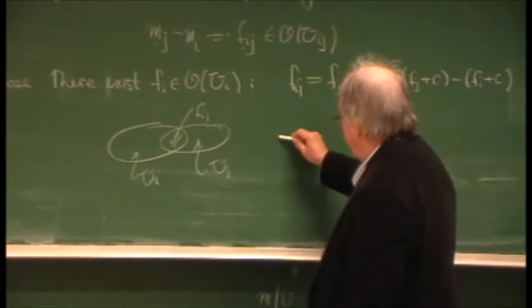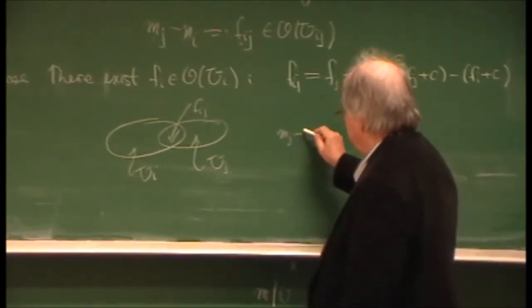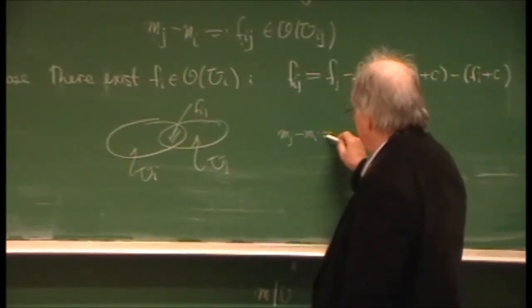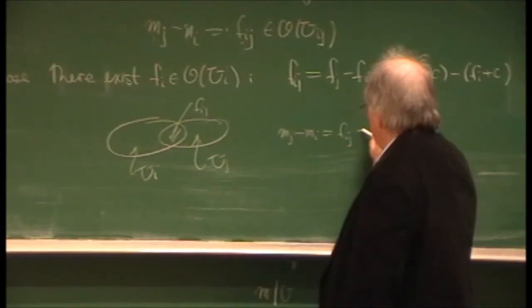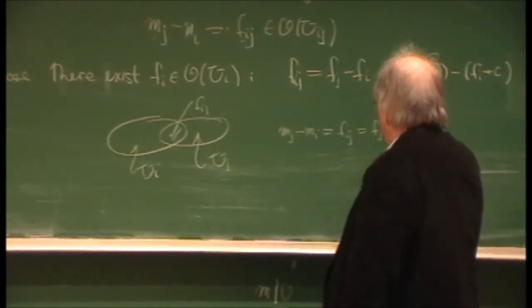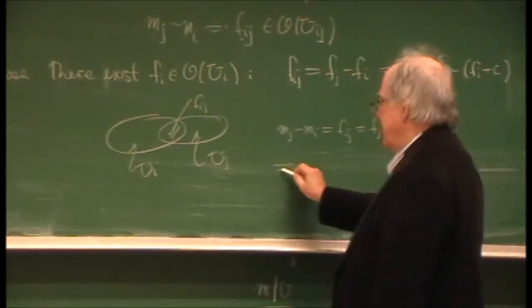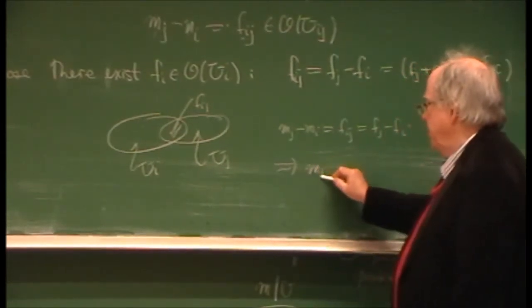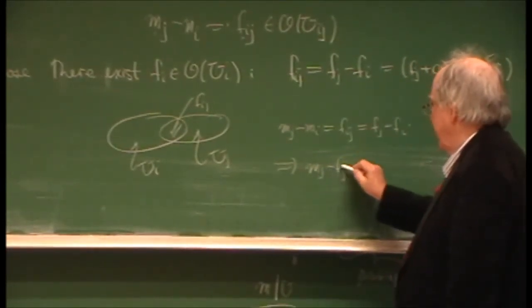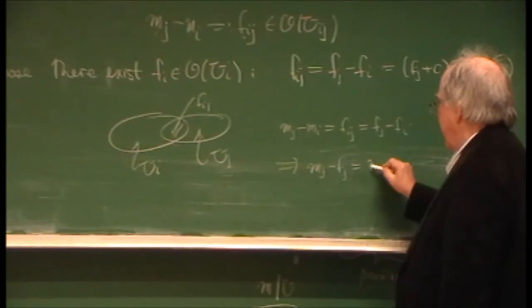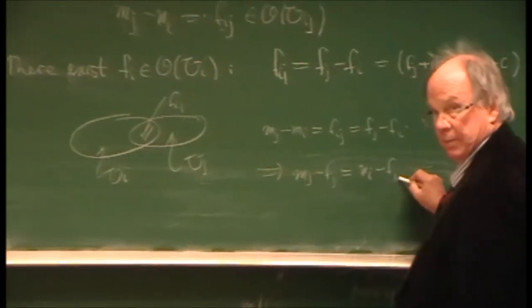Look what happens. It says that Mj, I'm going to do this very slowly so we don't get confused. That's Fij, but on the other hand, this is Fj minus Fi, and this says that Mj minus Fj is equal to Mi minus Fi.